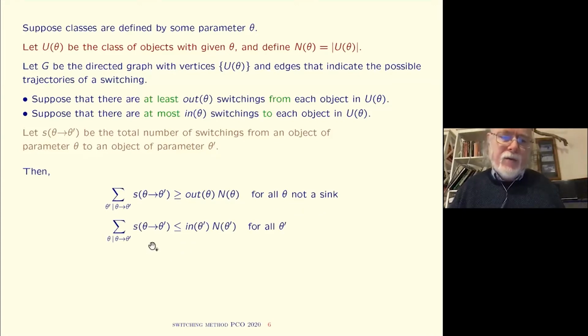And the other way around, if you sum over all of the switchings coming into theta prime, that's less than or equal to the size of theta prime. This is all the object switchings coming into class theta prime. It's at most the size of the class multiplied by n of theta prime.